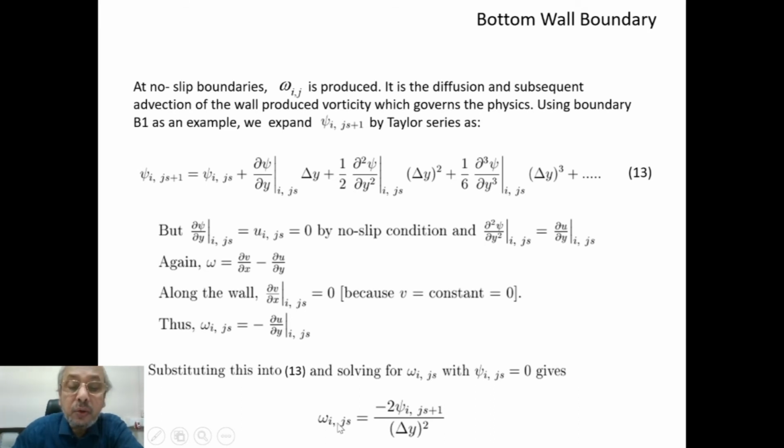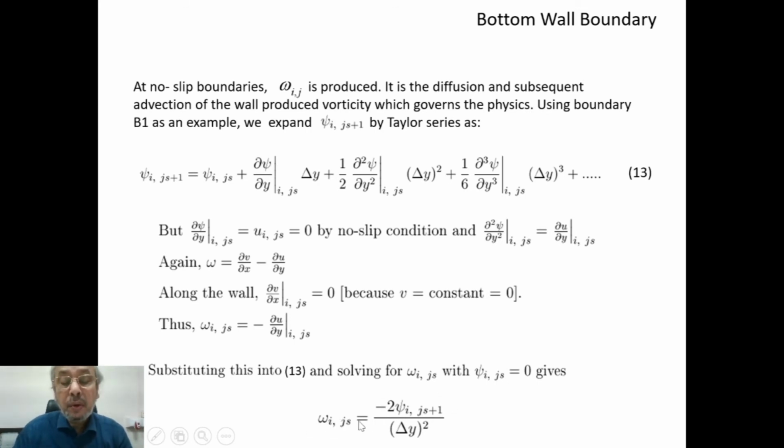Psi I js plus 1 is known. From the velocity profile, we have to learn how to evaluate psi, and then omega will be prescribed.